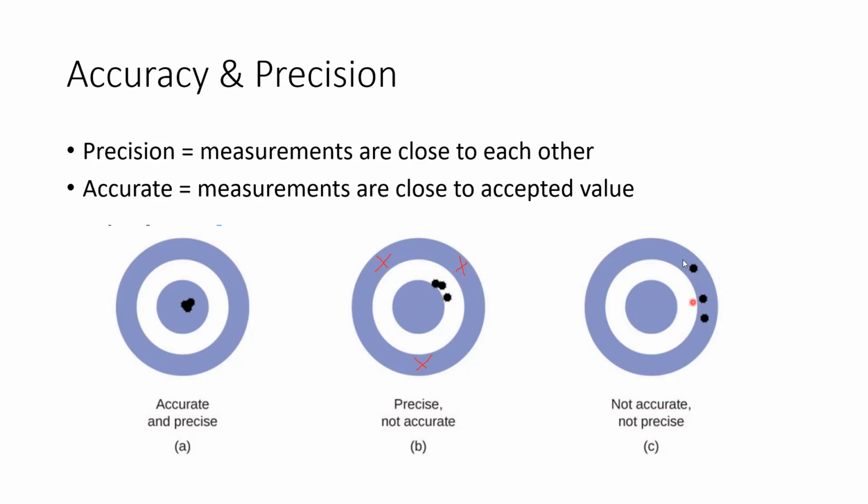And of course, not accurate, not precise is the worst case scenario, but in my mind, there's really no difference between not accurate and not precise and these red X's, because even though these average out to the correct value, it's just by chance, essentially. So in my mind, precision is better than accuracy, because that shows us what we're doing is consistent, whereas just being accurate overall in terms of the average doesn't mean too much in some cases. But again, obviously, target A would be the ideal that we strive for.